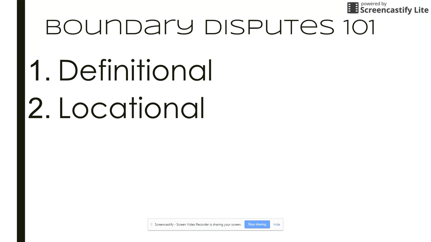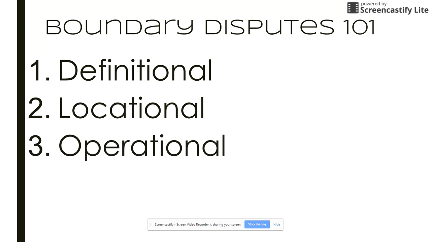A locational boundary dispute is one that looks at the definition of the border, not being questioned, but instead the interpretation of that border is being called into attention. So, for example, a river, because rivers are being changed, we understand then that the shift in a boundary really brings into account the location of that actual boundary line.